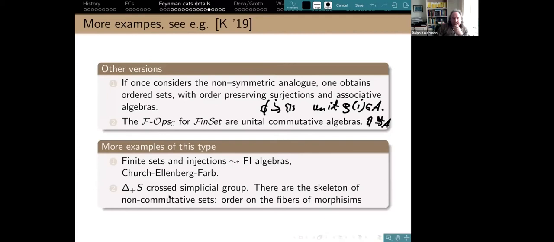These are the skeleton of non-commutative sets, and we have an order on the fibers. Many people found this useful in the linear conjecture and other things. They go back to cyclic objects, I think, though I'm not quite sure. Goedecke had the cross-simplicial groups, and you can also find them in the work of Kahn as non-commutative sets.